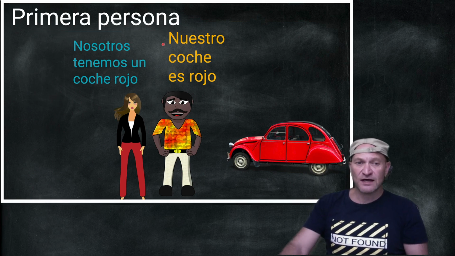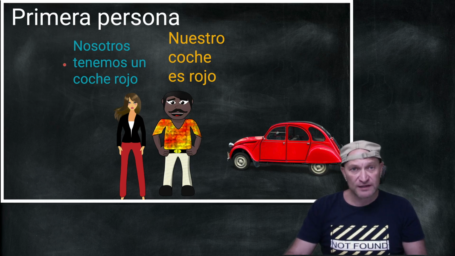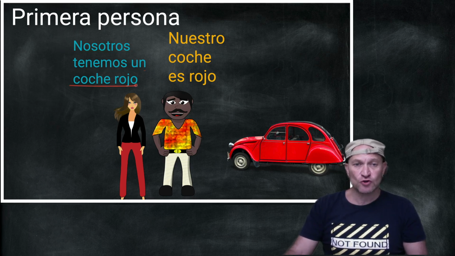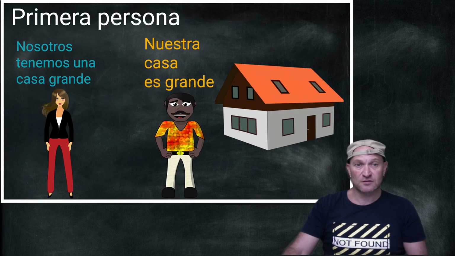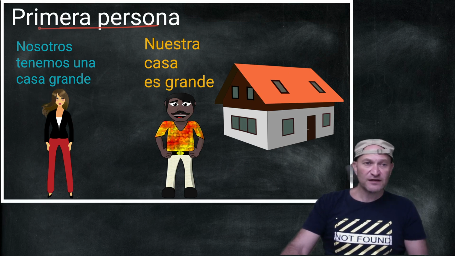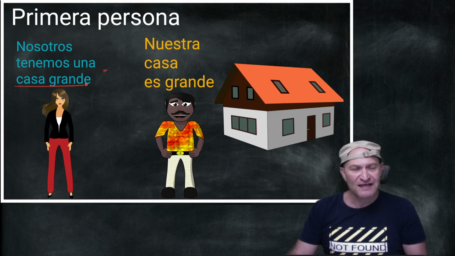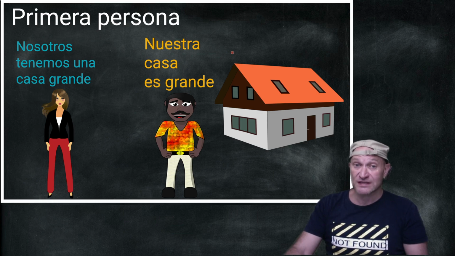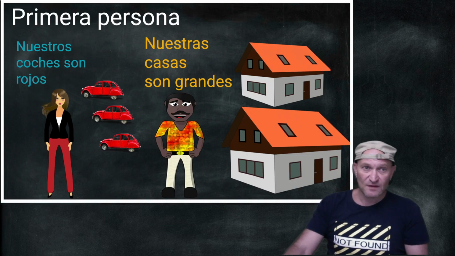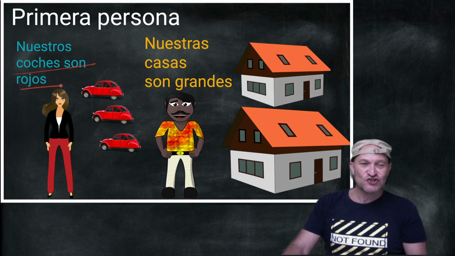Primera persona del plural. They are talking about themselves. So, we have a red car. Nosotros tenemos un coche rojo. Nuestro coche es rojo. And in feminine, okay, they have also a very big house, and the lady says, nosotros tenemos una casa grande. We have a very big house. She says nuestra, instead of nuestro, because the word finishes in A, nuestra casa es grande. And now the lady bought two more cars, and she said, nuestros coches son rojos.